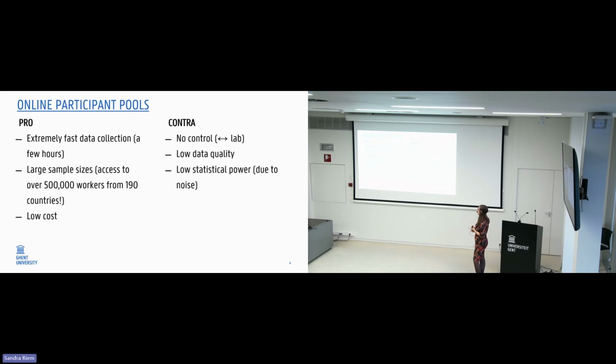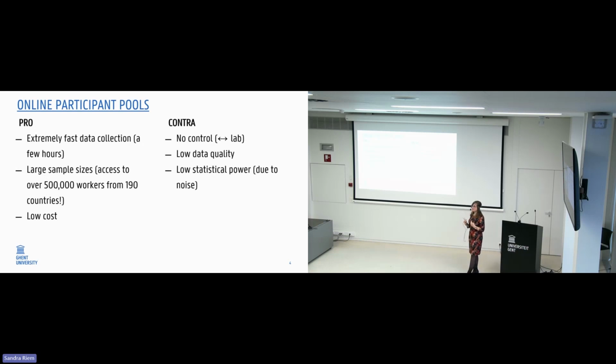So you can collect many observations, and typically they work for a low cost. However, I will come back to that. I don't think it's always cheaper online than in the lab because you need more observations, but I'll come back to that later on.